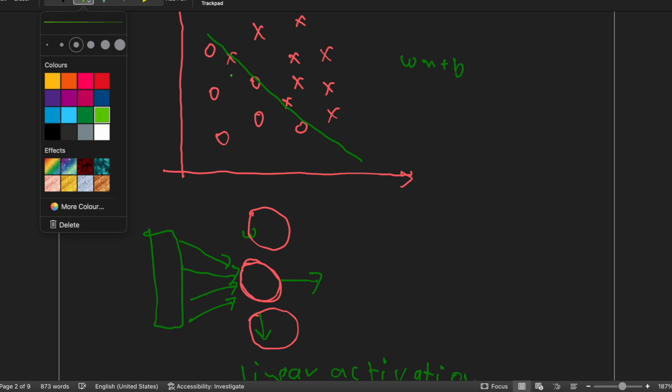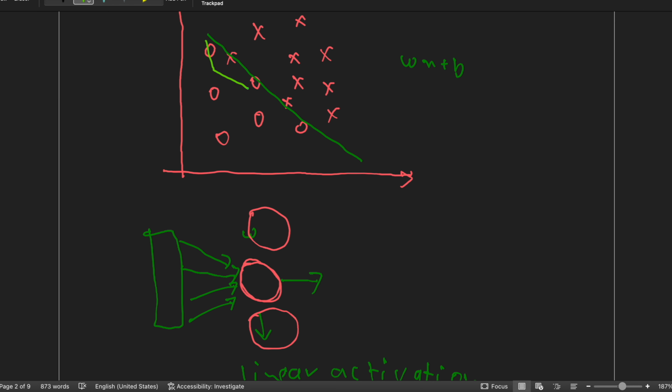It might become like this, and if you add more layers and neurons to it, it will become even more complex. So adding more neurons means we are adding more complexity to our model. The classification line, which is the line that is classifying, will become more complex. It will try to learn each pattern.